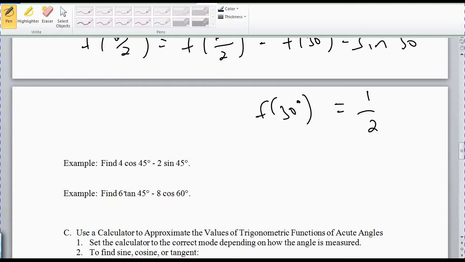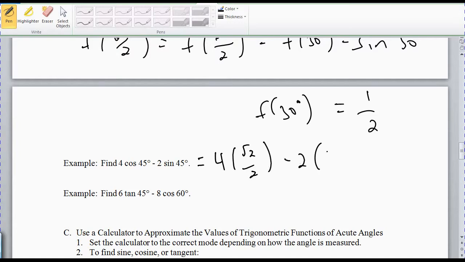Let's find 4 cosine 45 degrees minus 2 sine of 45 degrees. And there's a couple ways of doing this. I'm going to do the long way. Cosine of 45 degrees is square root 2 over 2 minus 2.